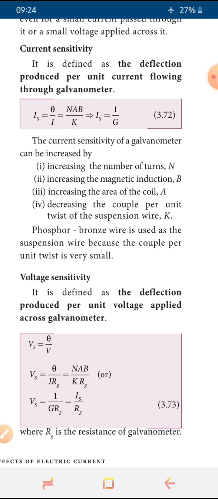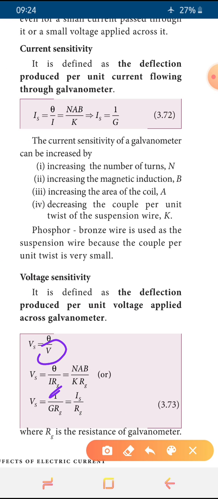Here it is about the galvanometer, so the resistance is taken as Rg. We substitute V as I Rg in the next step, using the equation from the moving coil galvanometer derivation.